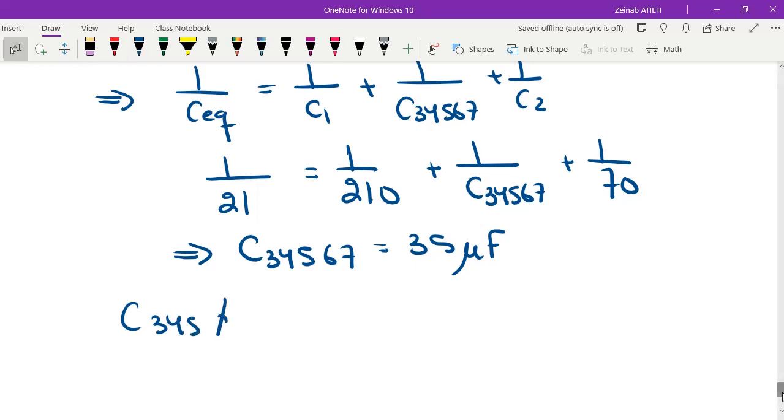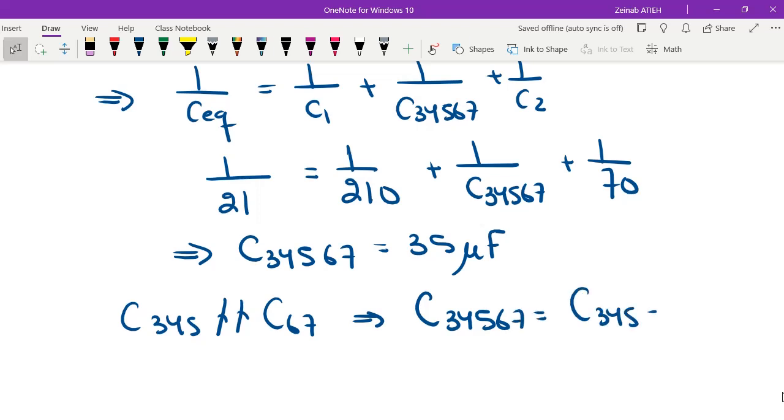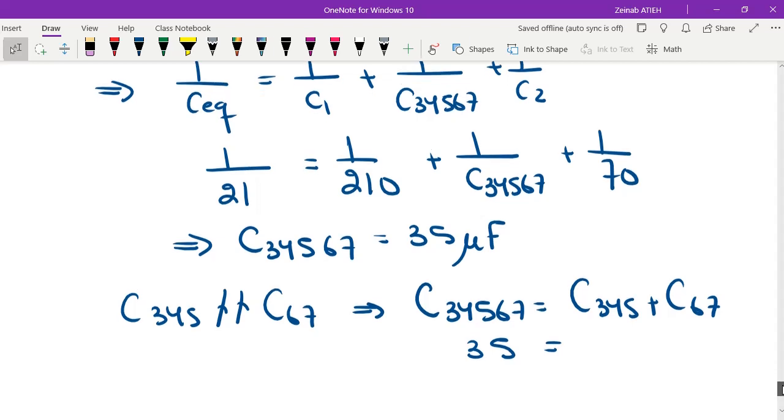C345 was in parallel with C67, so C34567 is equal to the sum C345 plus C67. I have C34567, it's 35. But I don't have C345, because I don't have C3. I also don't have C67, but I have C6 and C7, so I can calculate it aside.